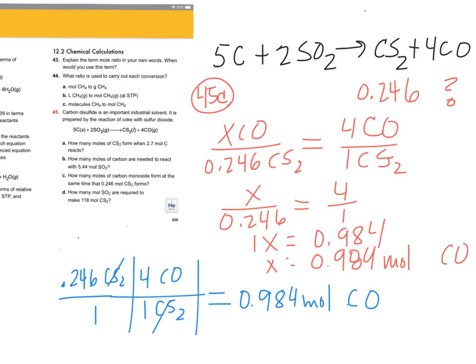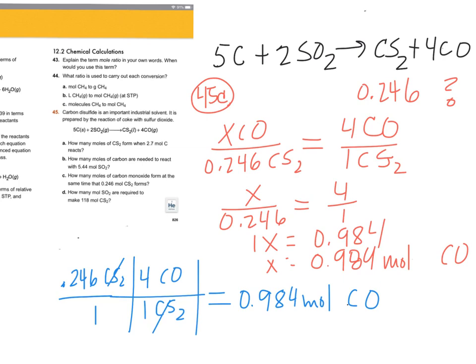For this lecture, I'm just going to give you several more examples of what we call mole-mole conversions to get you ready for more complicated conversions in the next couple of lectures. I read 45C: how many moles of carbon monoxide form at the same time that 0.246 moles of CS2 forms?